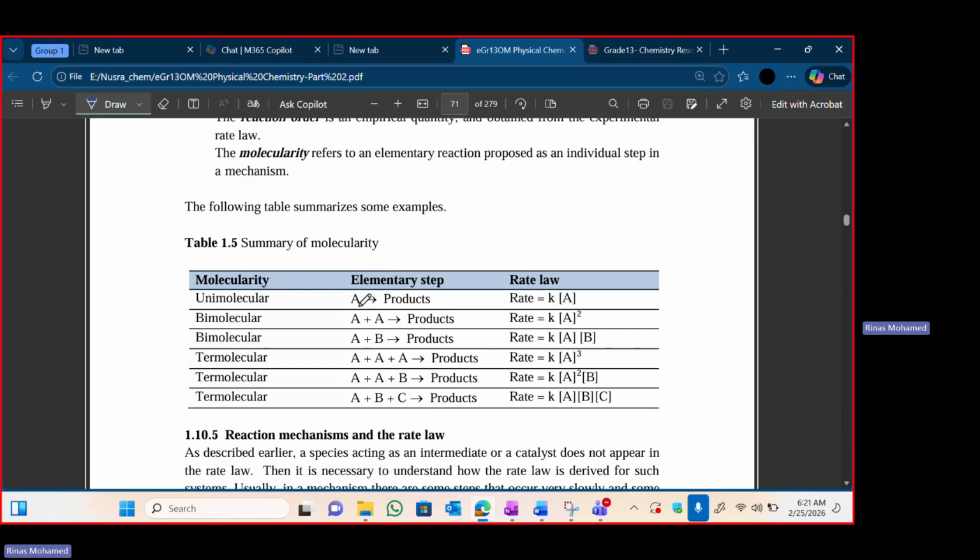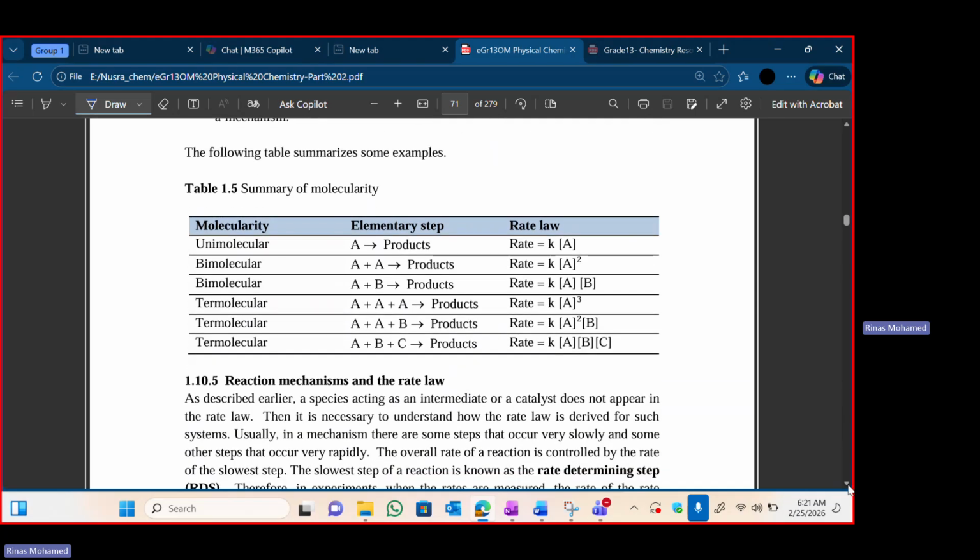If, for example, A turns into P, R equals K into A to the power 1, because this is an elementary reaction, then molecularity is 1. And for bimolecular reactions, two molecules collide with each other to give the product, so R equals K into A to the power 2. Two molecules are colliding to give you the product, so the rate law becomes like this.